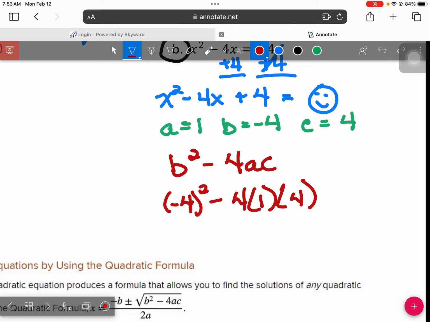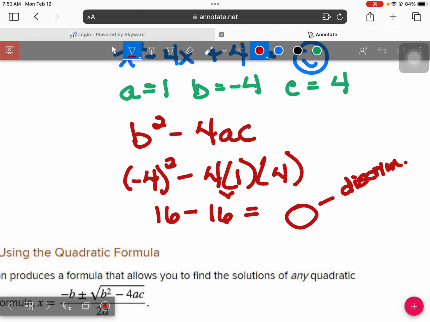So negative 4 squared is how much? 16 minus 4 times 1 is 4, and 4 times 4 is 16. So my discriminant is 0. Remember it's either negative, 0, or positive.